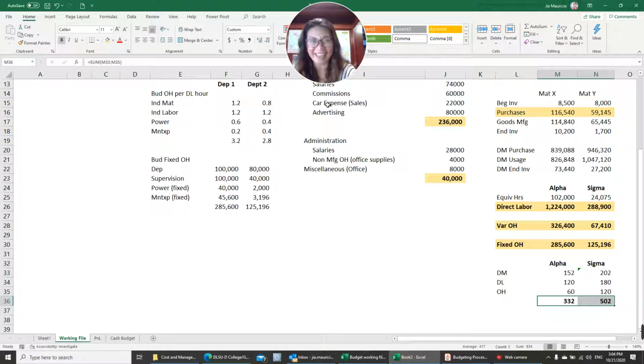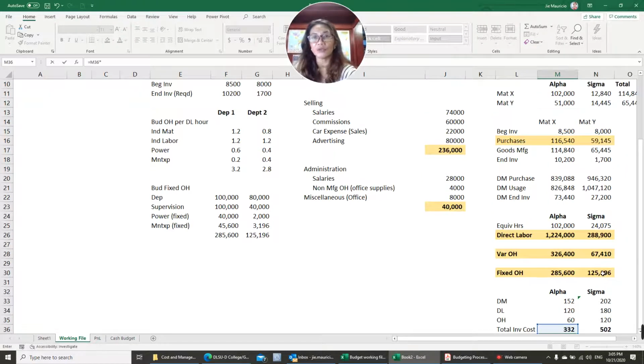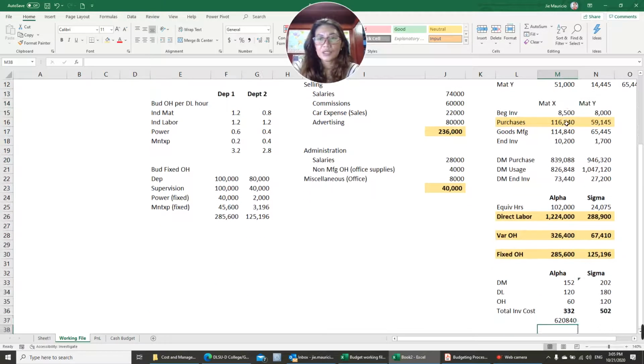If the problem is silent, use absorption costing. And then this is the total inventoriable cost. Going back, now we have to understand how much is the cost of the ending inventory. So the total inventoriable cost times, where is the ending inventory of alpha? 1870.